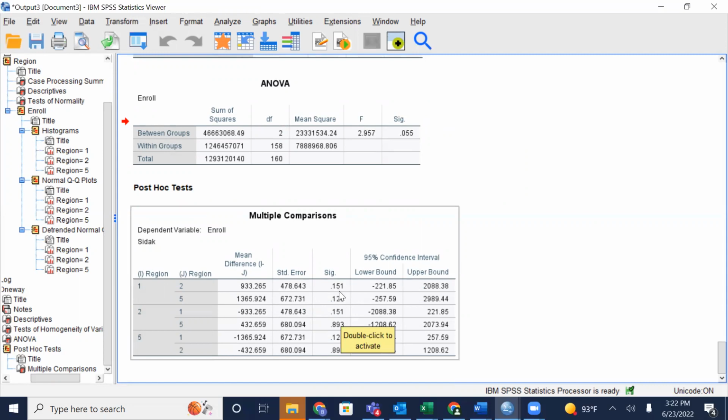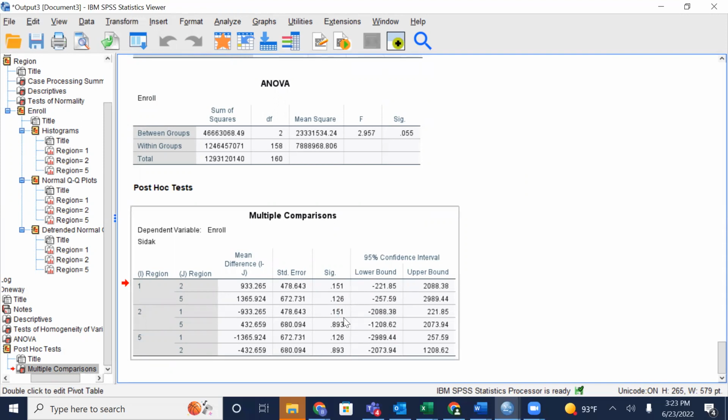Yes. Okay, so it looks like none of these are below. I'm looking at all the significance levels here, and none of them are below 0.05. So we are going to accept the null hypothesis and assume that there is not a significant difference between enrollments in these three regions.